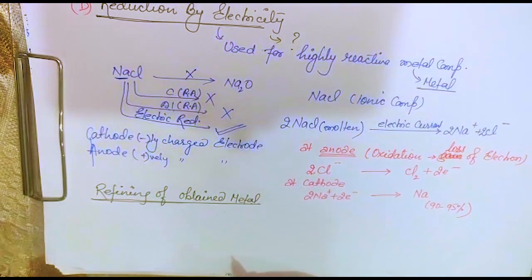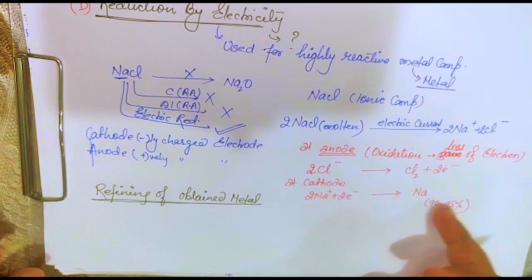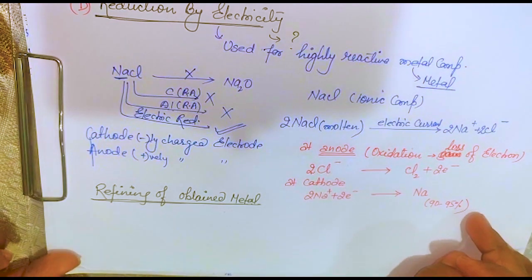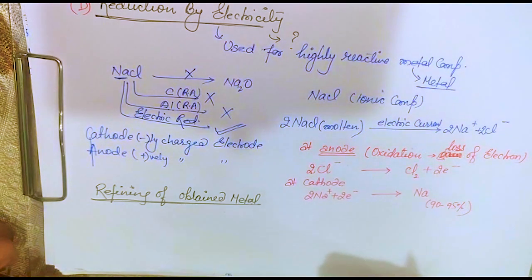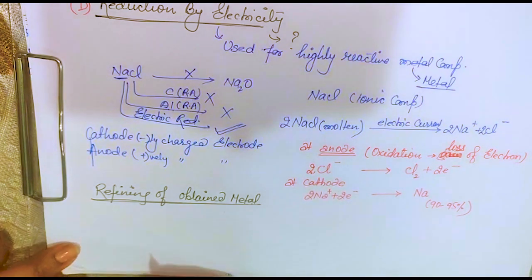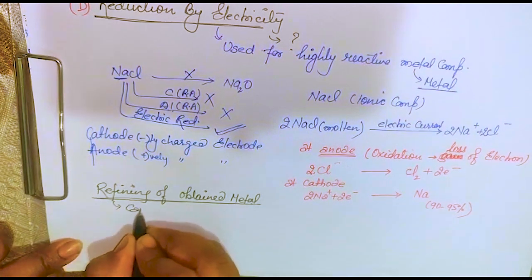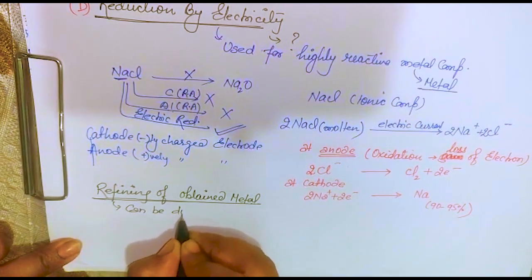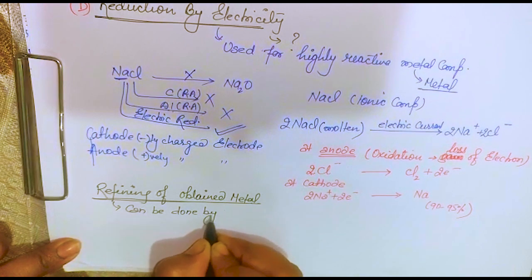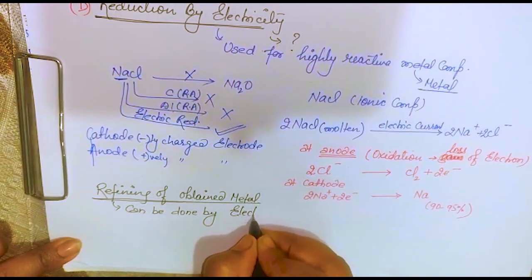We got 90 to 95% by all these methods, and now to get 100% pure metal, we have to do the method which is in our syllabus, that is electrolytic refining.